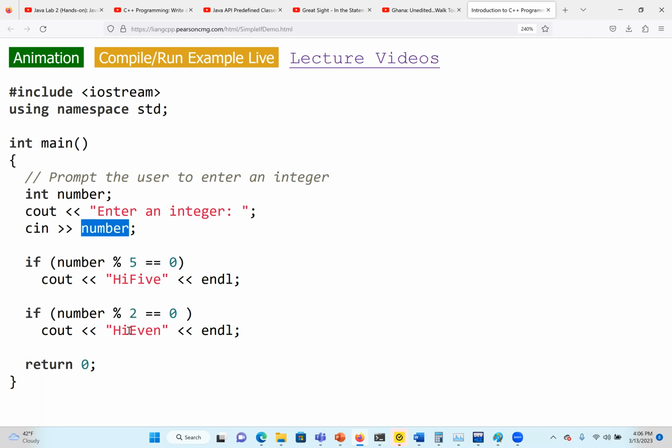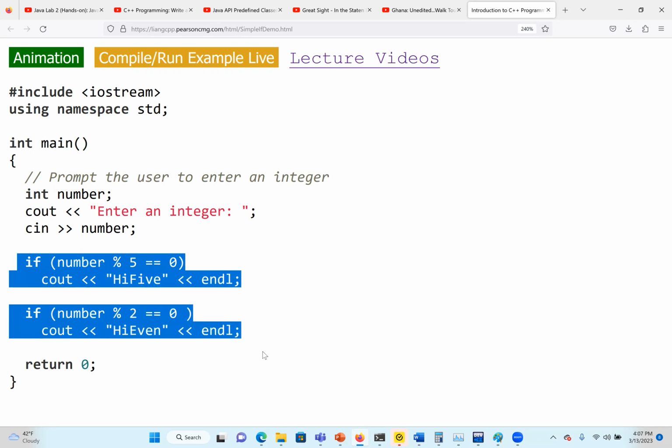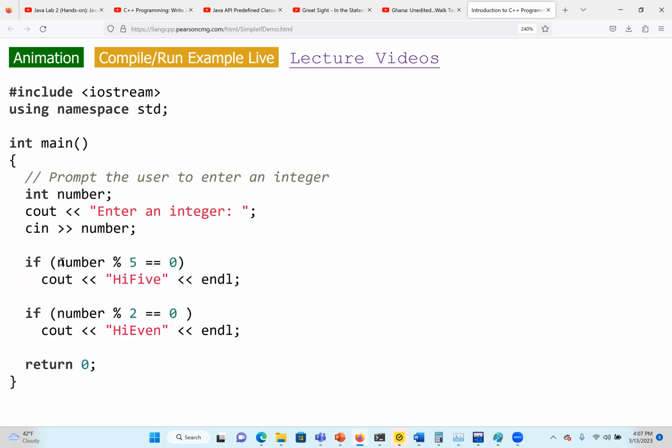But 4 is an even number, so hiEven will be printed. The whole concept again is how we use the if condition. Here we can see we didn't use any logical operator because we have only one condition. We state again that in the condition, we always use the relational operators.